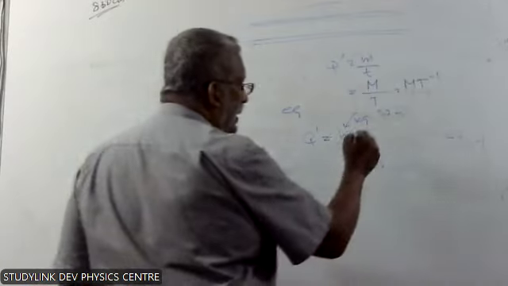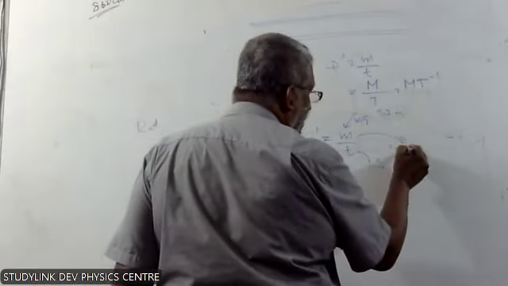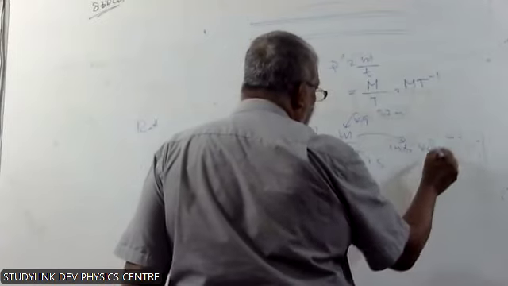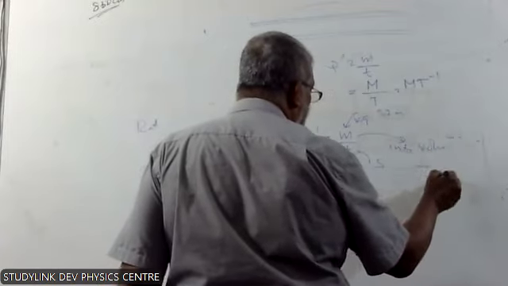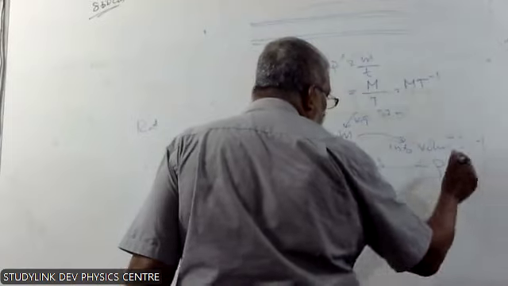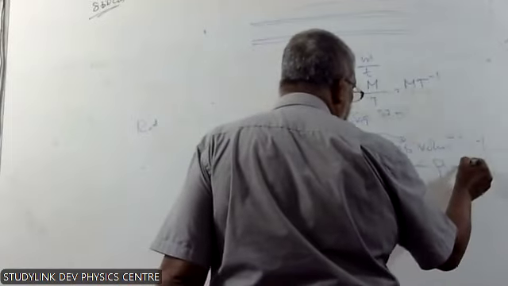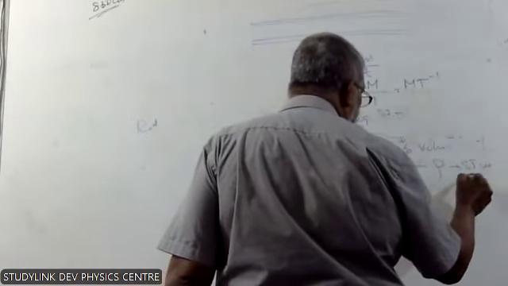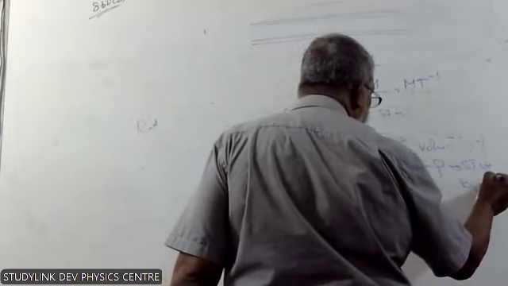We want to convert mass into volume. For that, divide by density, but density should be in SI units, kilogram per cubic meter.